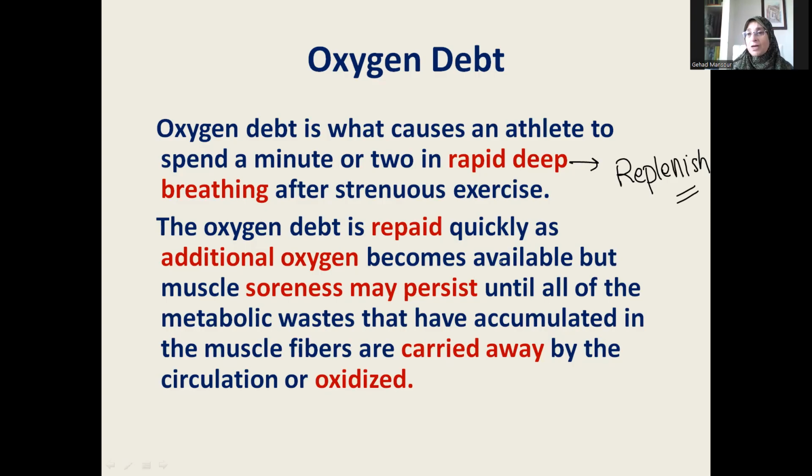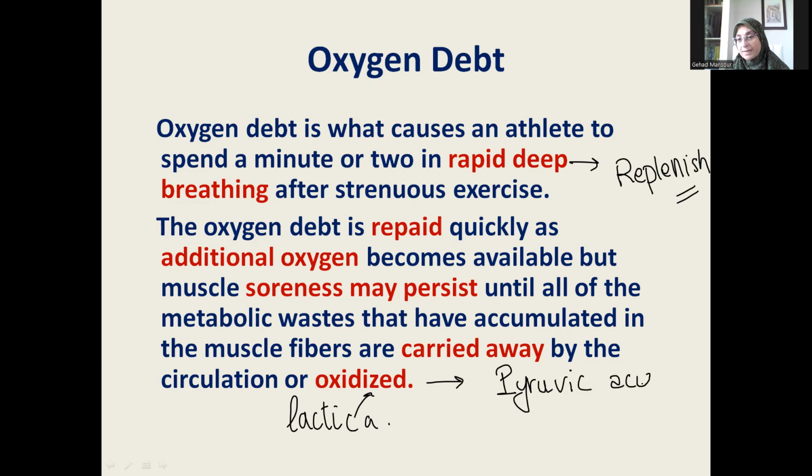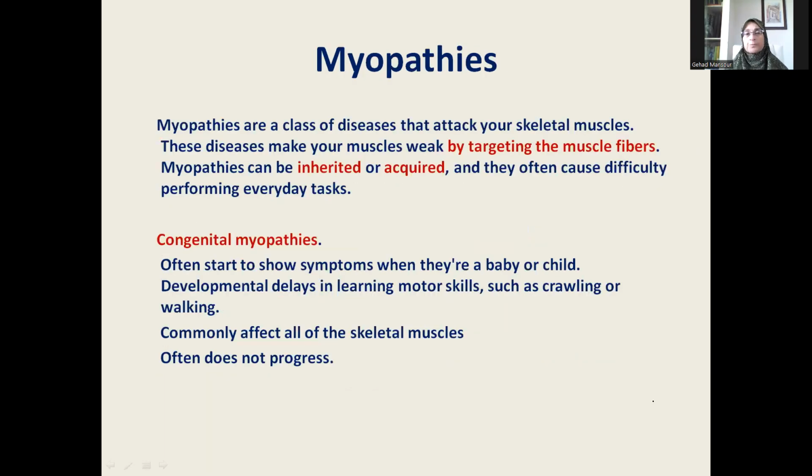Number three, being oxidized, because if oxygen is available, lactic acid will be oxidized. And if lactic acid is oxidized, it will give rise to a compound called pyruvic acid, and pyruvic acid can continue aerobic respiration and can join the process of oxidative phosphorylation we've just talked about.